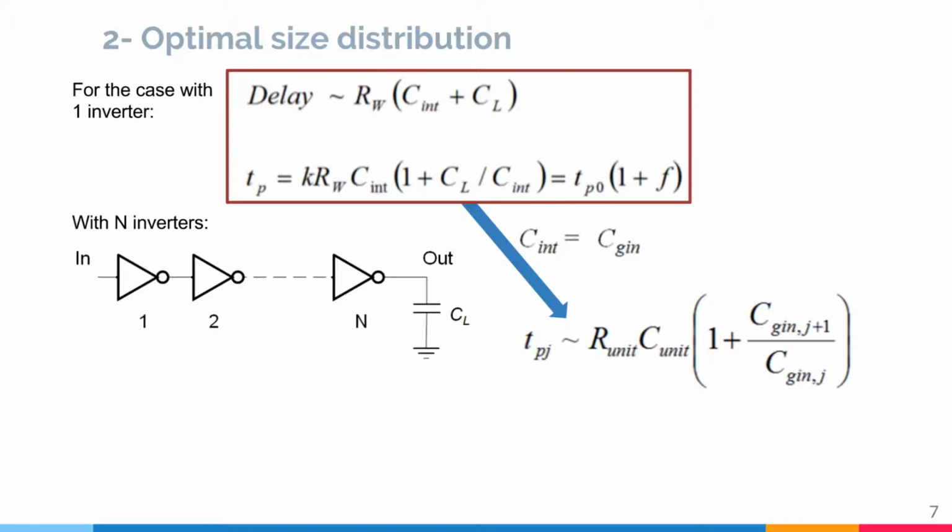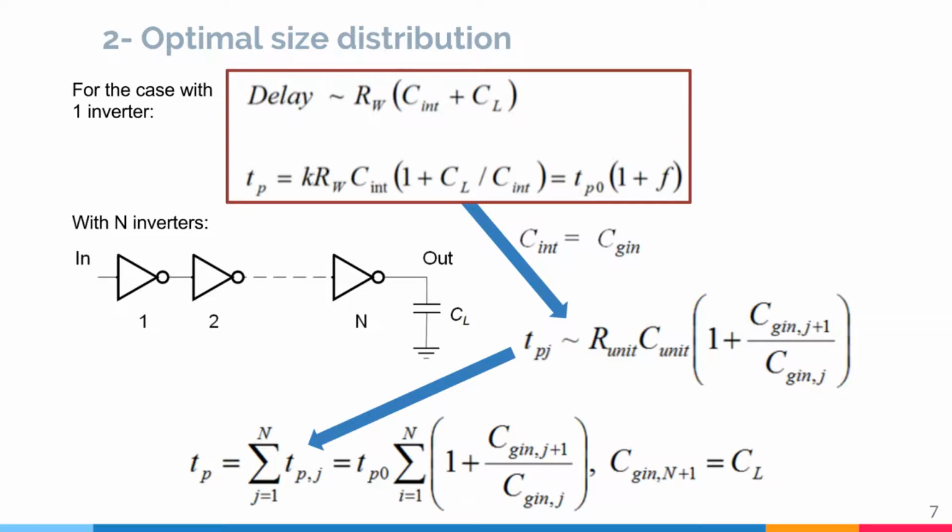As we can see, each time J depends on the relationship between the capacitances of the J inverter and the next one. Each inverter J has its own delay TPJ, and the sum of all these times is the total delay of the system, in this case TP. We are going to solve these equations in the next slide.